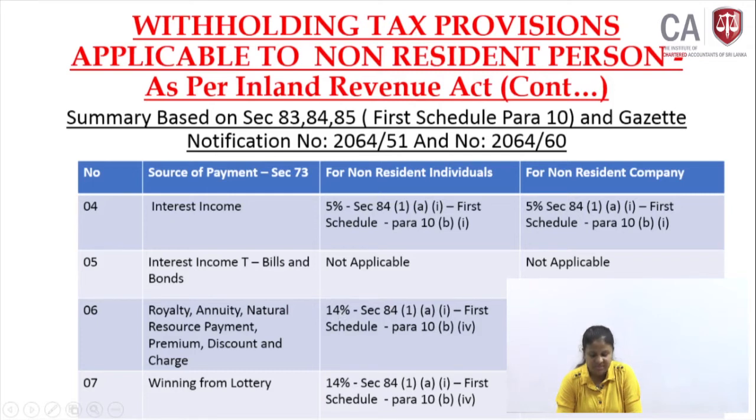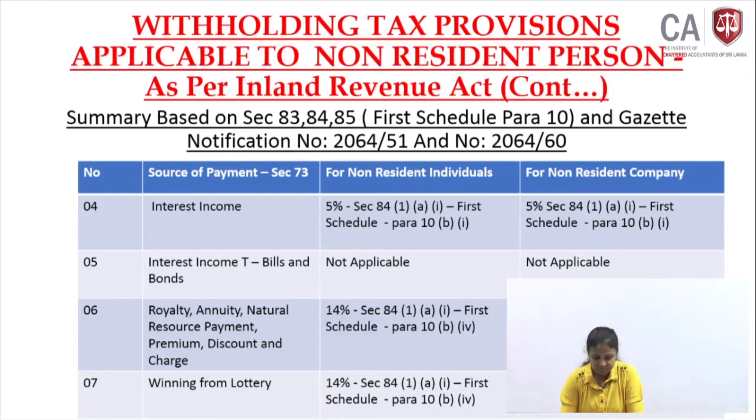For non-resident company 14%, non-resident individual 14%. Then winnings from lottery, it is 14% for both the non-resident individual and company. It's covered under the same provision, section 84 subsection 1A Roman 1, and first schedule para 10 B 4.